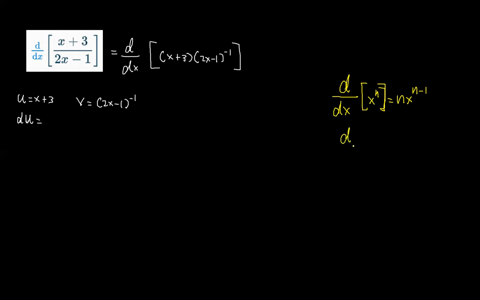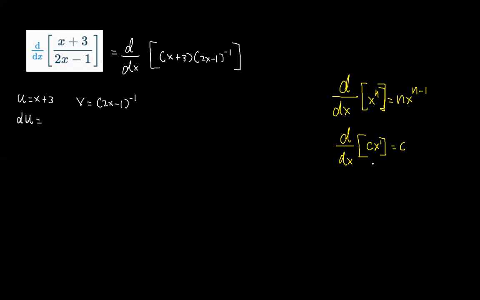Or you can also use this one for your convenience, which is cx. The derivative of cx is just c, where c is a constant or the coefficient of x, the variable, and x has an exponent of only 1.